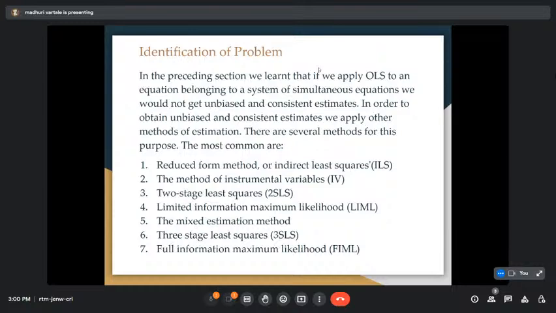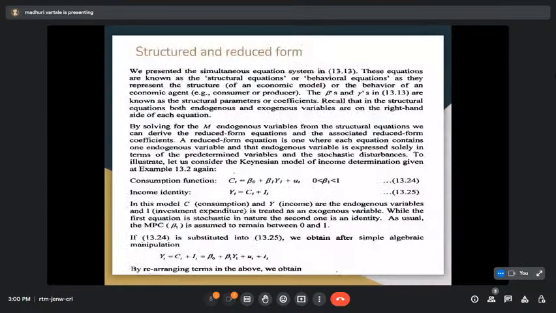So these methods are used for the estimations. Let us see them one by one.